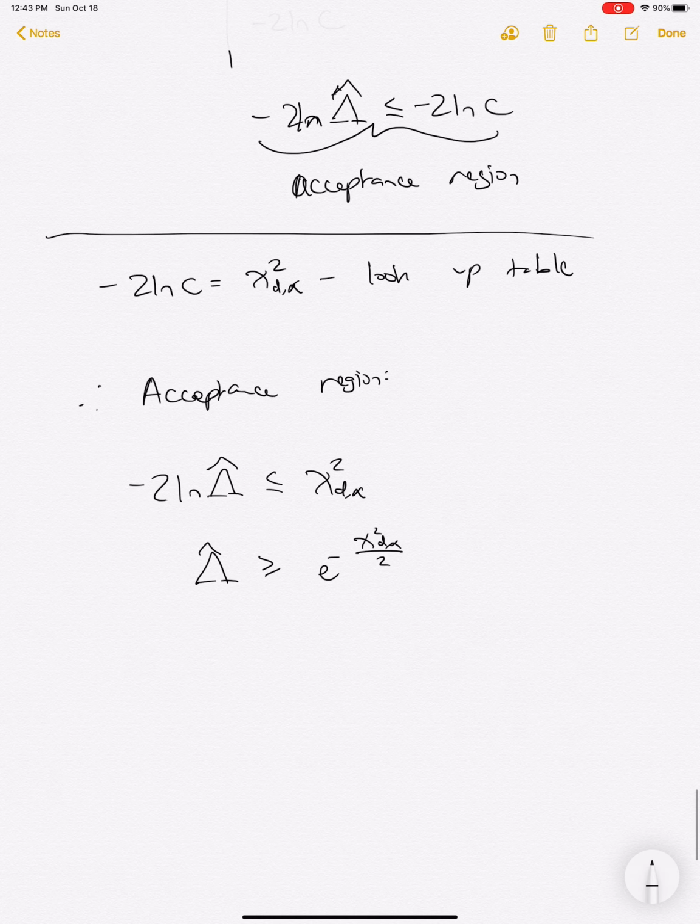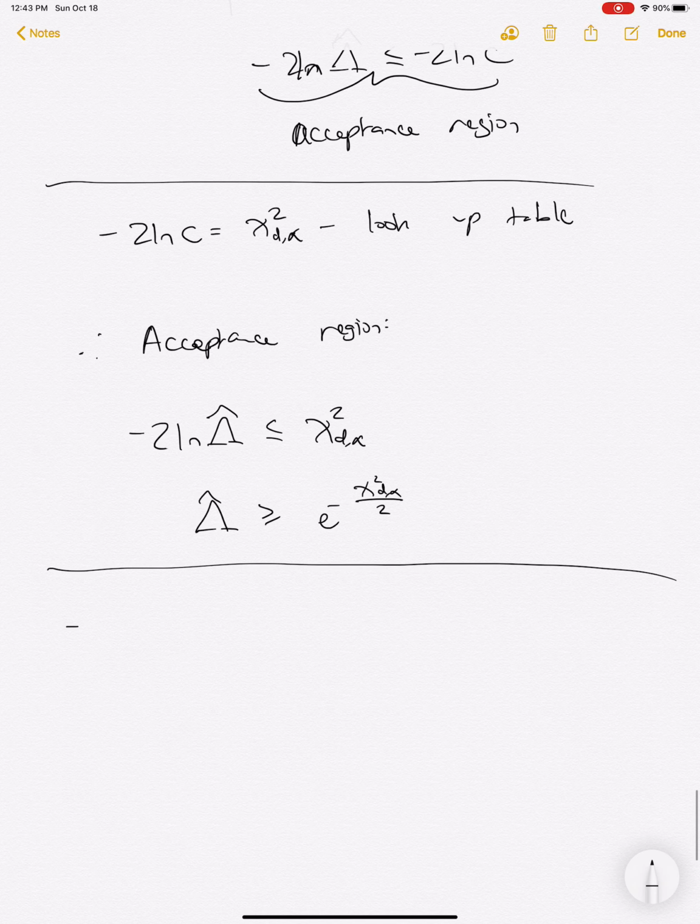Okay, and so this is the acceptance region, and you can work out the rejection region as well.